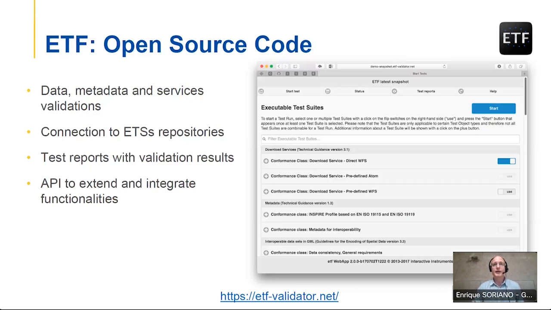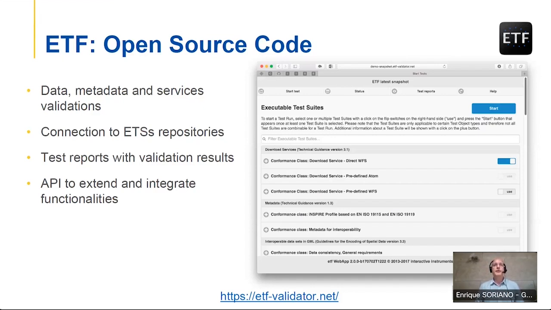After that, you obtain a test result in a test report, which is easily readable and can be checked to see which exact part of the validation your data, metadata, or dataset is failing, which also leads you to correct it and align with the validation.